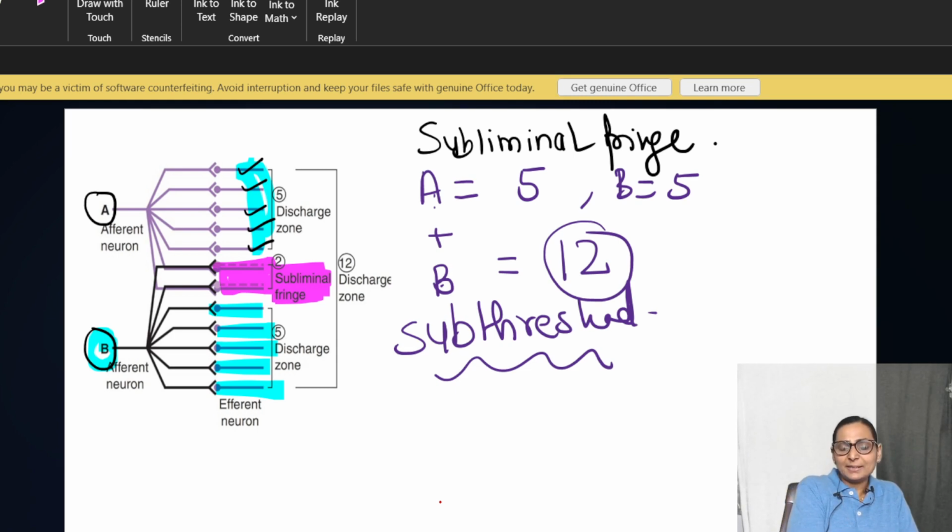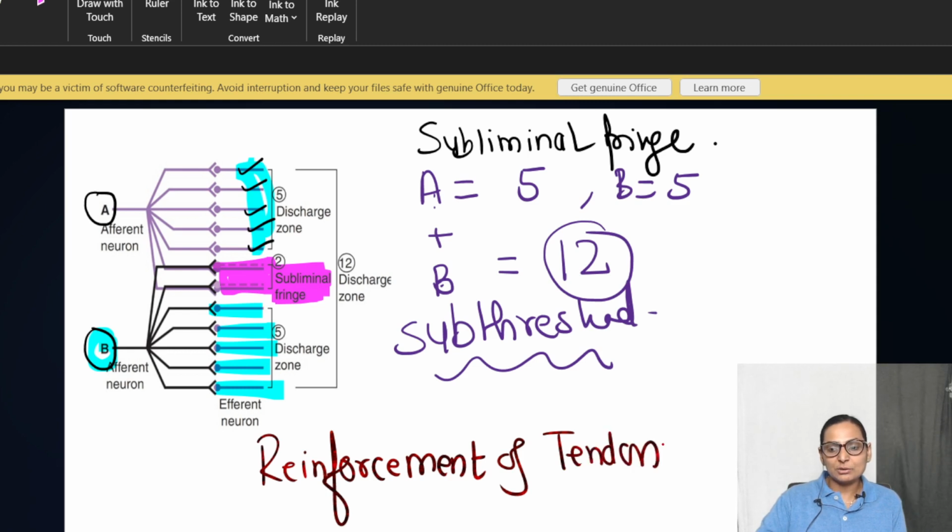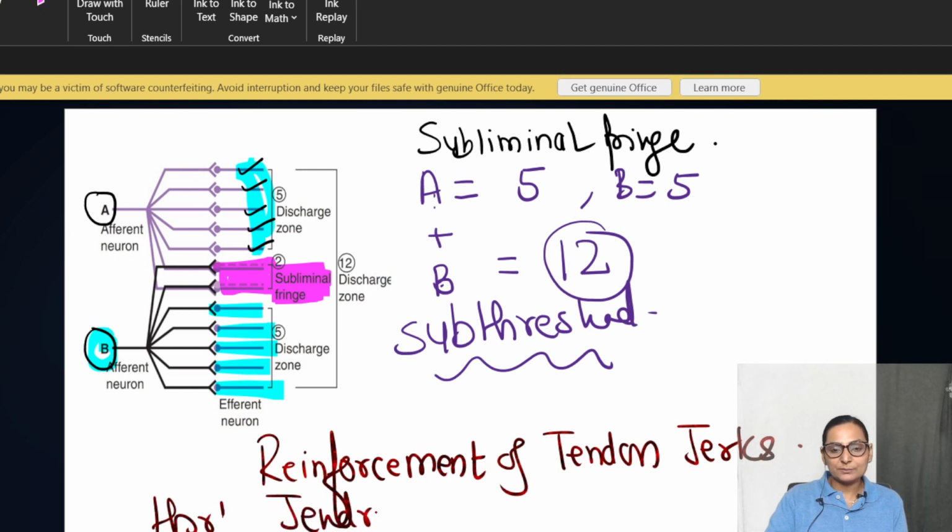One of the very, very important examples of the subliminal fringe is the reinforcement of the tendon jerks through the Jendrassik maneuver.